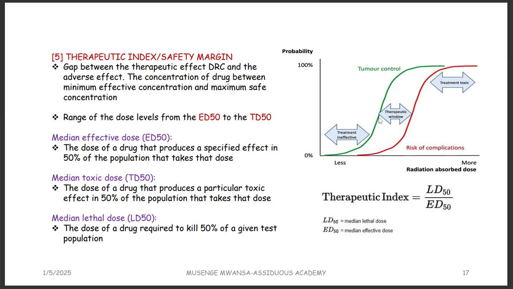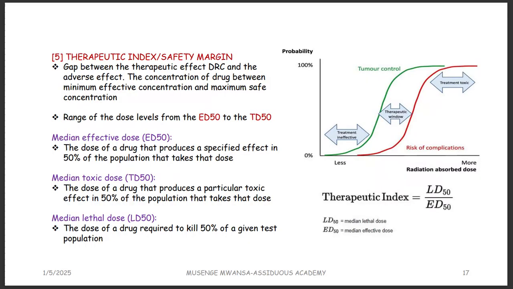So the range from the median effective dose to the median lethal dose is what is known as the therapeutic index. You can calculate it: therapeutic index is given by median lethal dose, LD50, L is lethal, D is dose, so lethal dose 50 divided by effective dose 50. That is the equation we use to calculate therapeutic index.